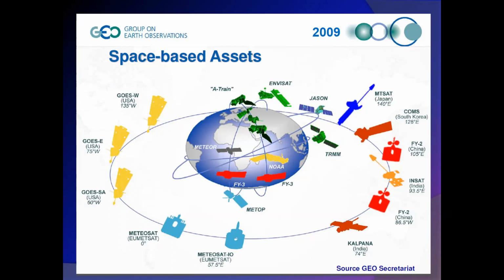JAXA, the Japanese space agency as well, joined up a lot with the United States with NASA, and they produced the TRMM product actually. So that's the TRMM rainfall product. And yeah, so there were about 15, 16 observational satellites looking at earth sciences, earth-related parameters for earth sciences related work.